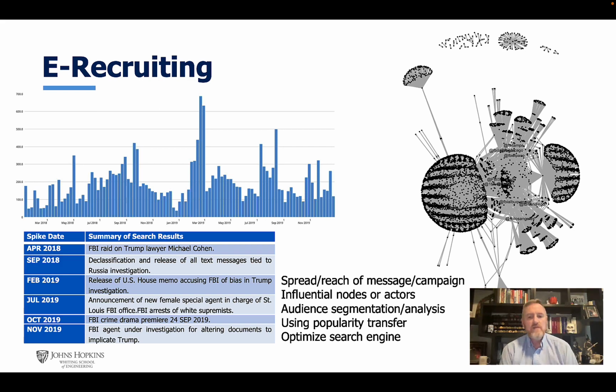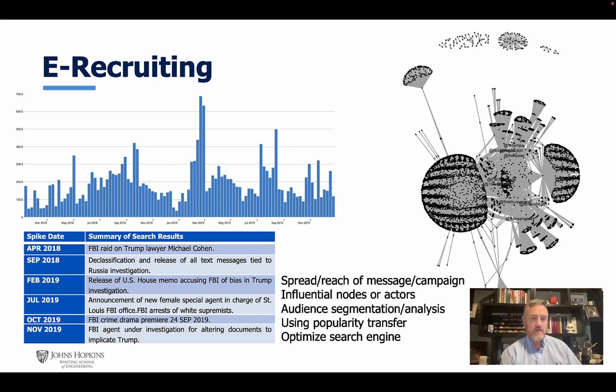So what we observe is something we call popularity transfer. At this time, during Donald Trump's presidency, he was one of the top 10 personas with top 10 followership on Twitter.